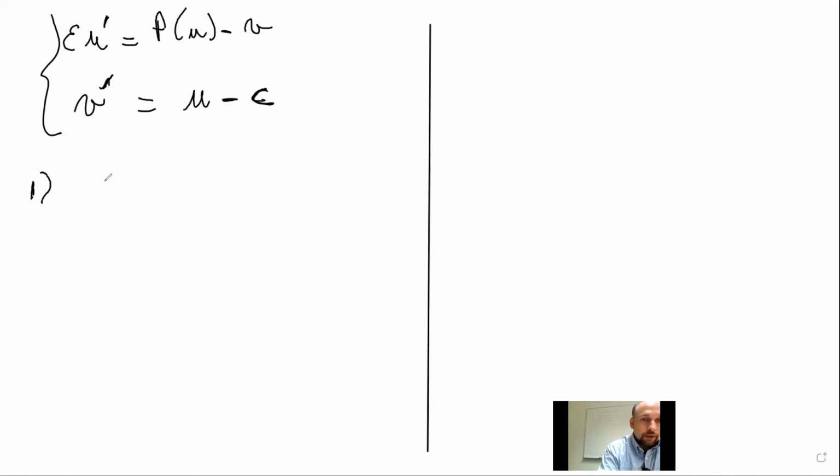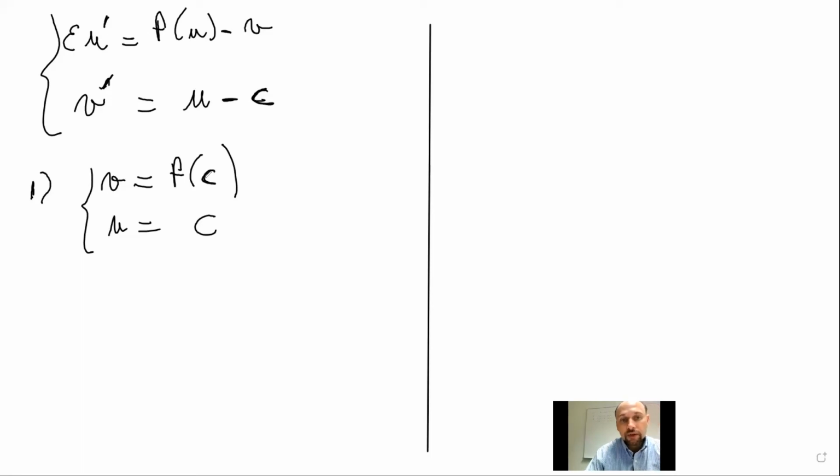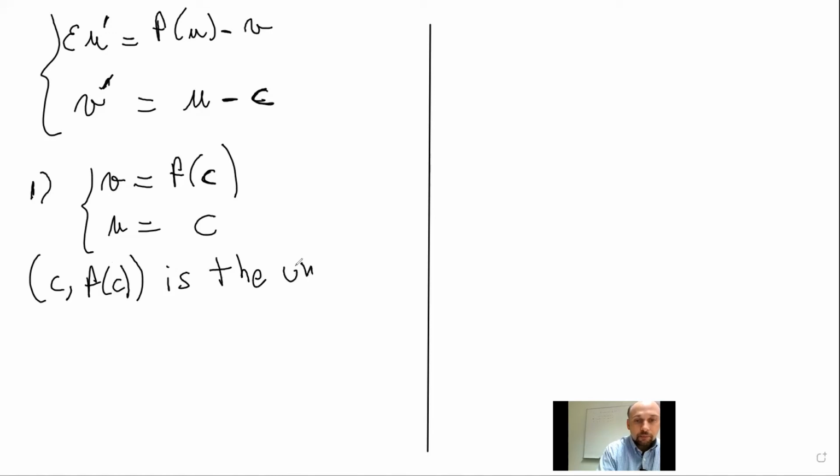Okay, so I got V equals F of U and U equals C, meaning that there's a unique stationary point and it's C, F of C. So C, F of C is a unique stationary point.